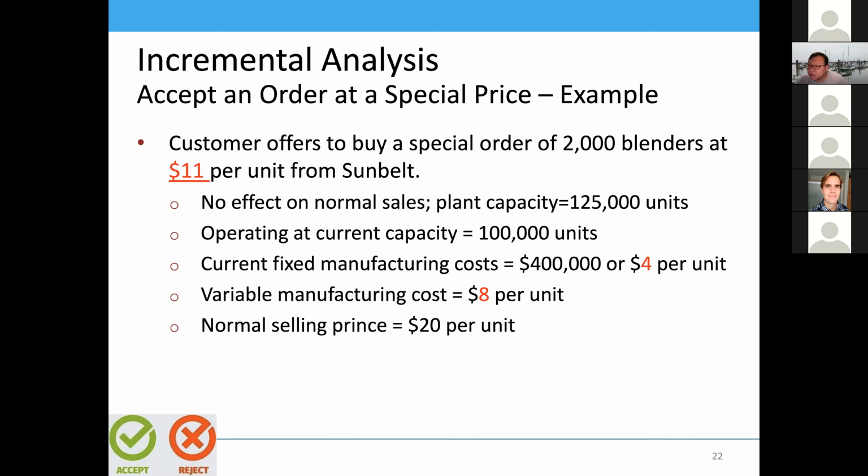The current fixed manufacturing cost is $400,000, so allocated to the units it's $4 per unit, because they are producing 100,000 units. The variable cost is $8 per unit, and the normal selling price is $20 per unit. Would you want to take this order to sell at $11 per unit? Who would say yes? Please raise your hand.